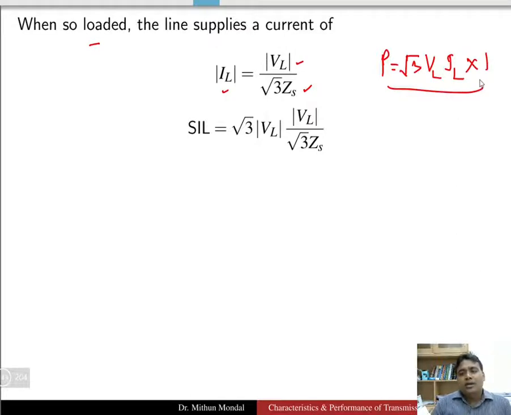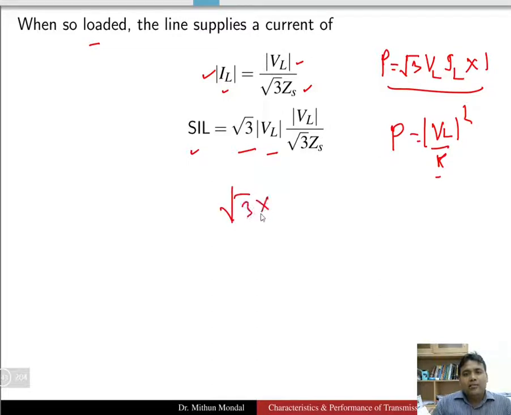We also know one formula for power as VL square by Z, or R. So we will use the formula IL is equal to VL by root 3 Zs. Surge impedance loading is root 3 multiplied by the voltage and the current, and we can substitute the current as VL by root 3 Zs.